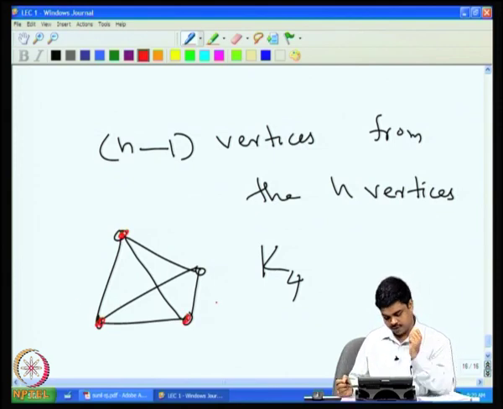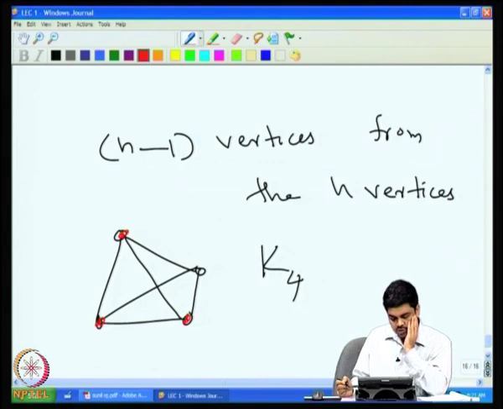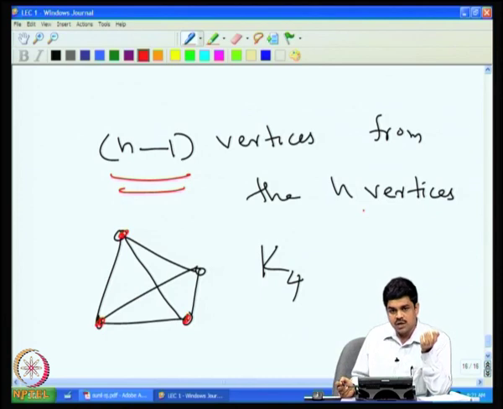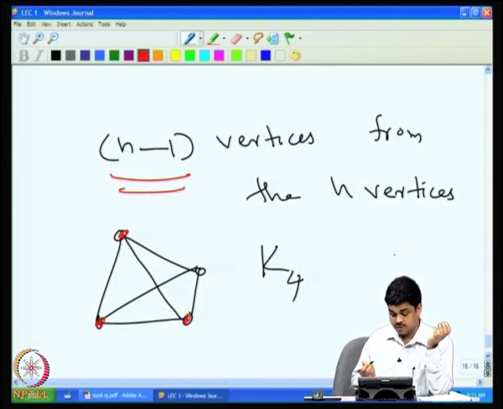It is very easy to verify. So, from this, what do we get? There exists a vertex cover of cardinality 3, that is n minus 1, for a complete graph on n vertices. But is it possible that we can cover all the edges of a complete graph on n vertices by fewer than n minus 1? What if it is possible?